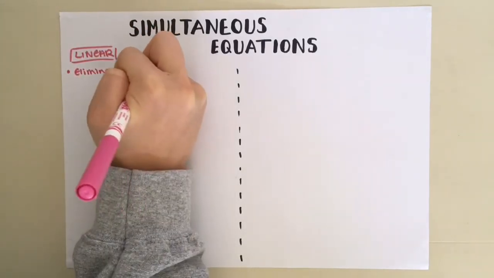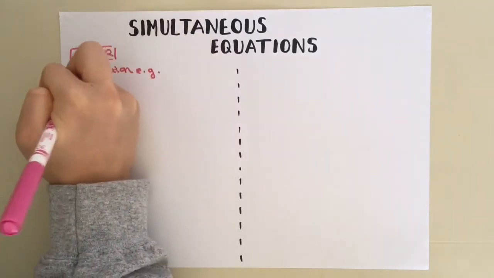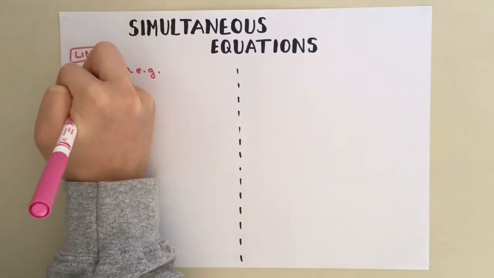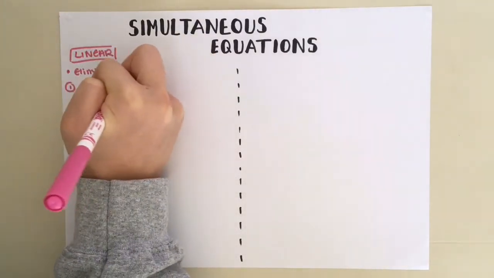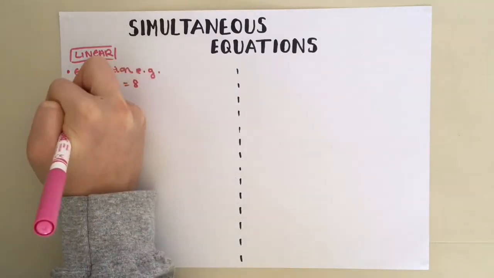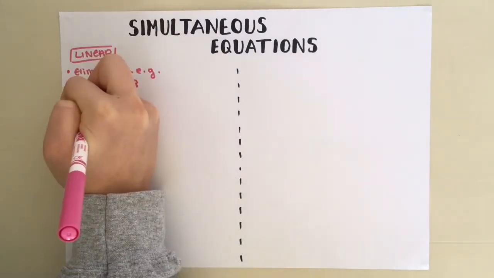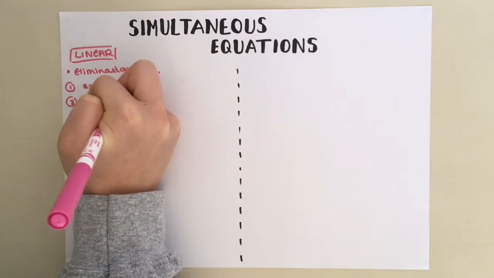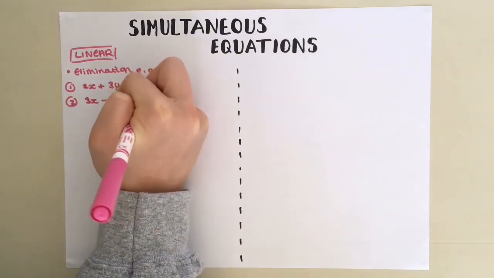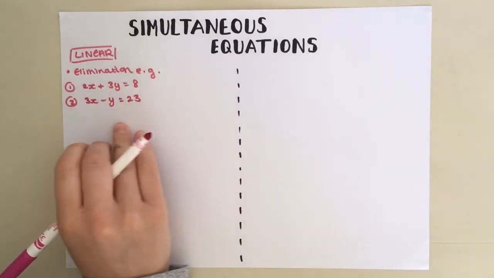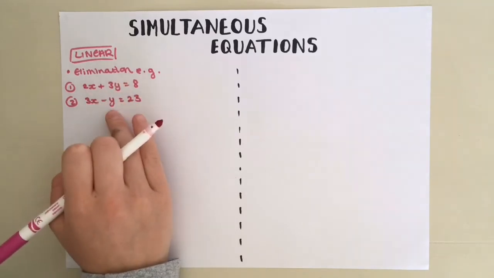So I've got an example question. The first equation is 2x plus 3y equals 8. And the second equation is 3x minus y equals 23. Now you need to make sure either the x's or the y's are the same.